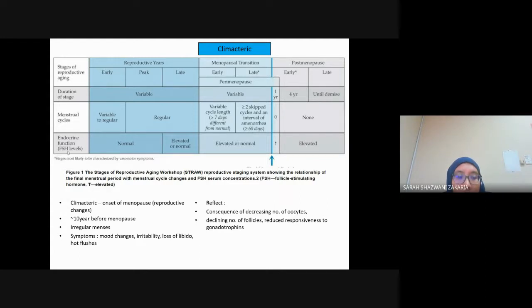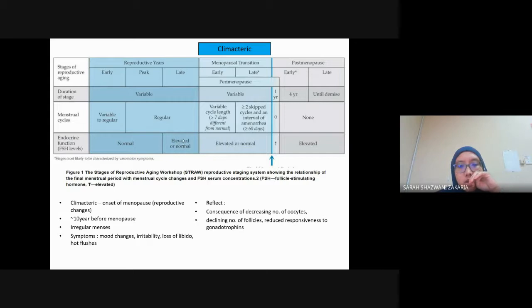This one says follicle stimulating hormone, at a normal concentration, when it rises, it will stimulate the follicles to develop, and when follicles develop, it will increase the estrogen. It will give a negative feedback to the FSH secretion, so normal.